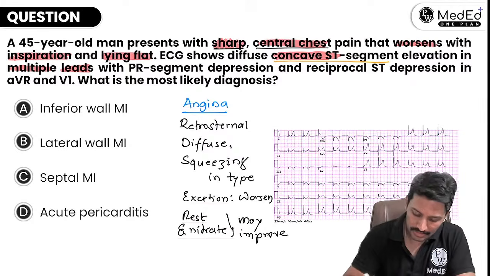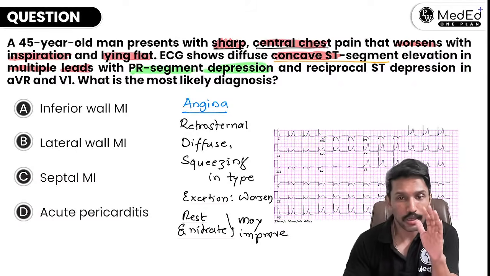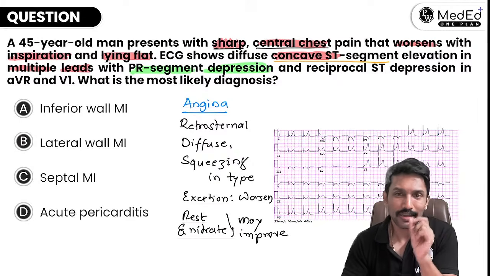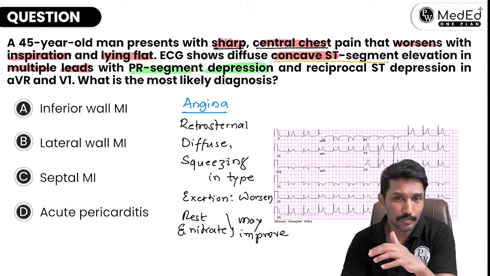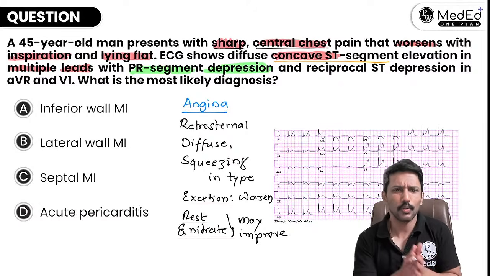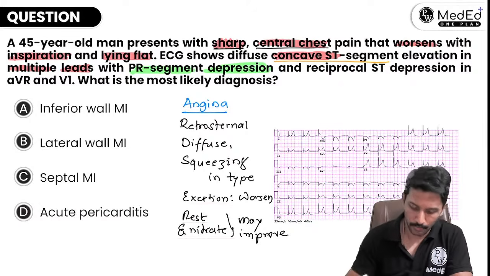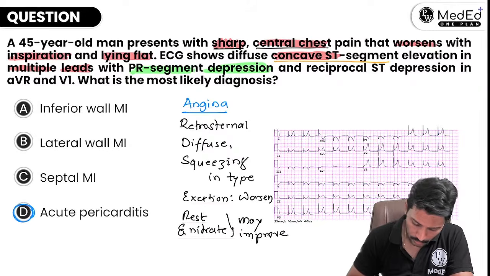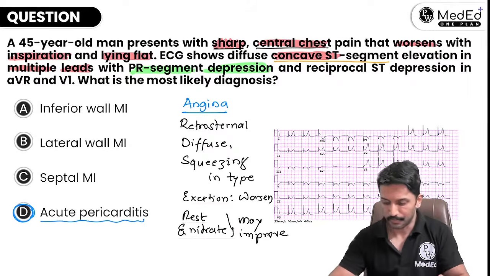Okay. What else do I find here? There is PR segment depression, which is not at all expected in a patient with myocardial infarction. So these points go against MI and in favor of the diagnosis of acute pericarditis. So that's pretty simple. We are dealing with acute pericarditis in this question.